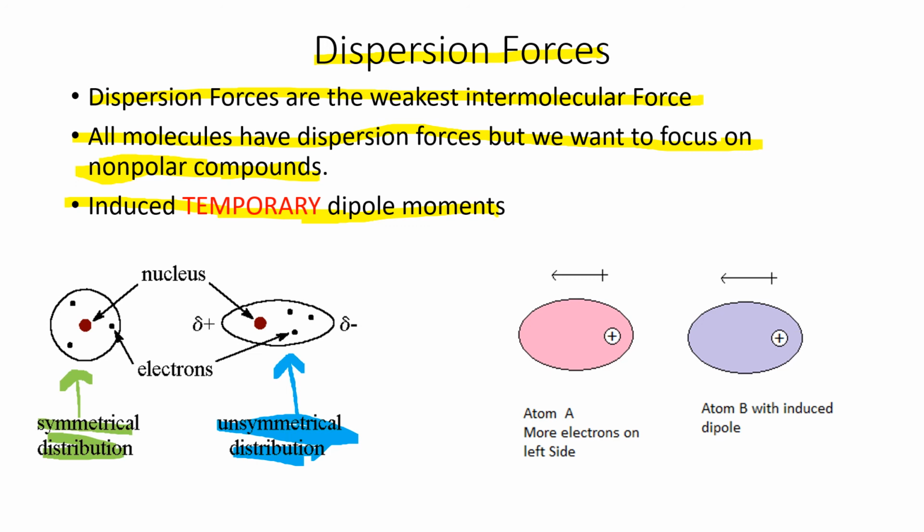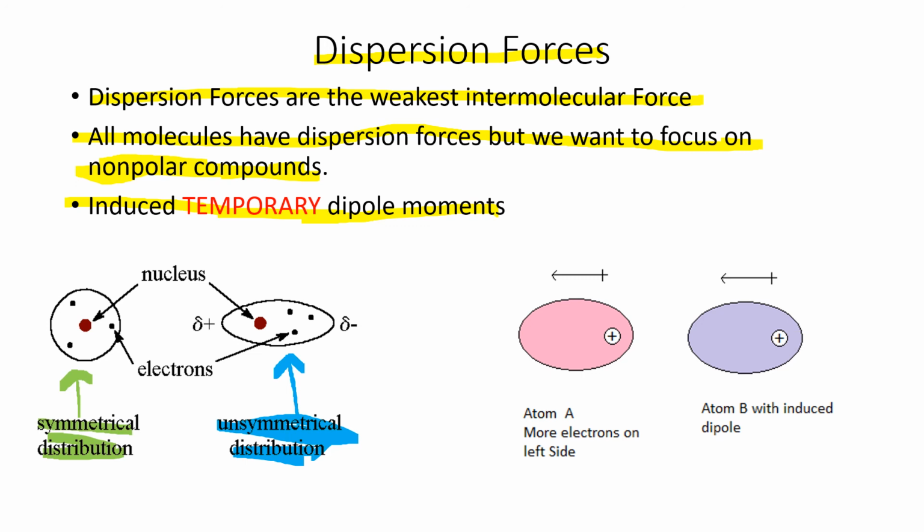If we look again at a different instant in time, it could be reversed. We might have more electrons on the left-hand side than the right-hand side. Over the average, it may look like a symmetrical distribution, but in small moments of time, it will be unsymmetrical. And as a result of that, we can have these weak intermolecular forces.